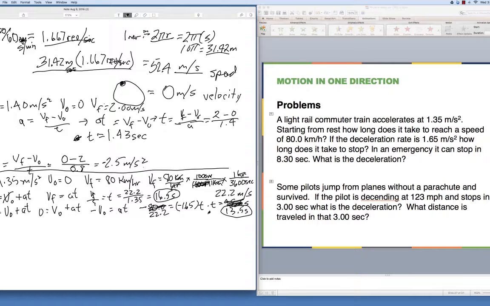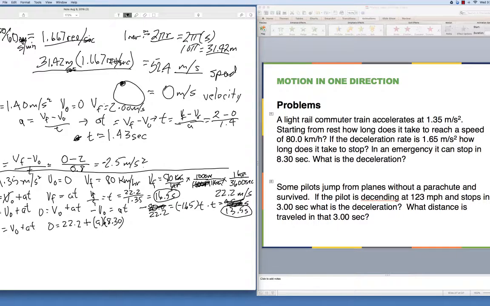Now the last question is, in an emergency, it can stop in 8.3 seconds. So again, VF is equal to V0 plus AT. So VF is 0, V0 is 22.2, and we want to know A, and we know that T is 8.30.